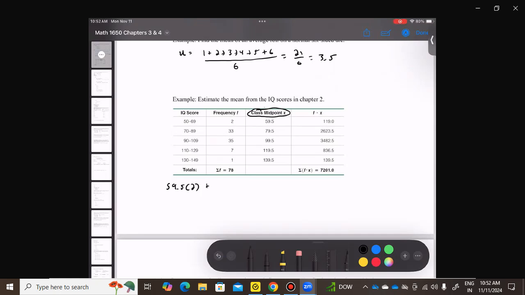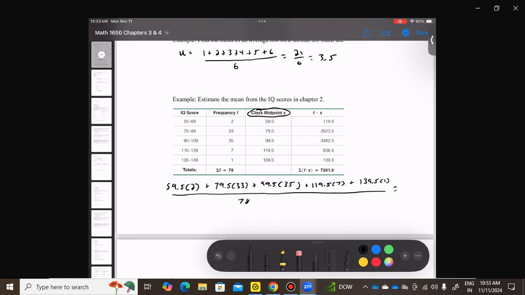So 59.5 times 2, 79.5 times 33, 99.5 times 35, 119.5 times 7, and 139.5 times 1. And then we're dividing it by the total, which is 78.